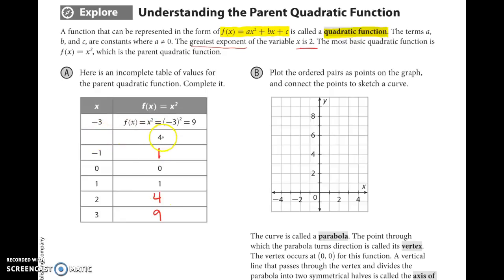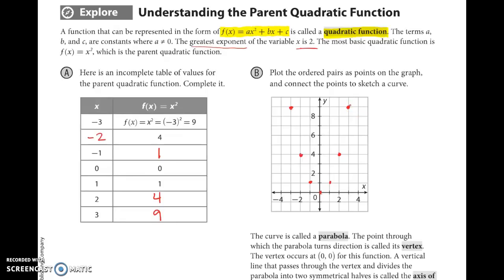What number squared gave me 4? Well, 2 and -2. So if I were to plot these ordered pairs, I would have -3, 9, -2, 4, -1, 1, 0, 0, 1, 1, 2, 4, and 3, 9.